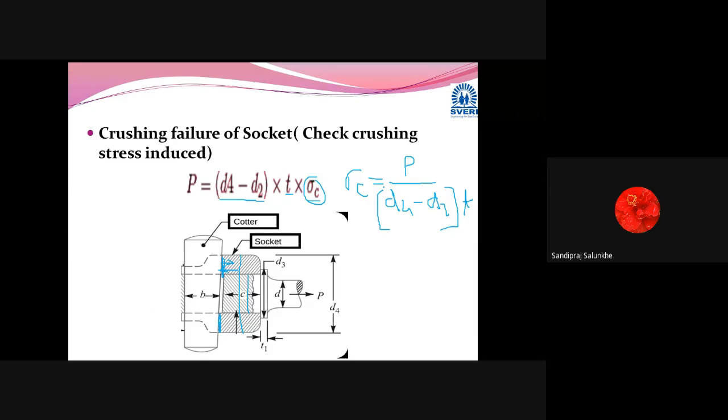So this sigma C value, the allowable crushing or compression stress, is equal to force divided by area. Taking the area to this side, P is equal to area multiplied by stress. Again, this is the permissible or sustainable force by this quarter joint.